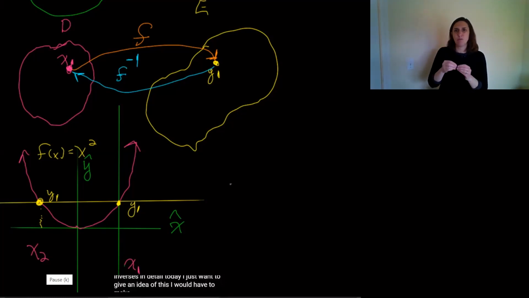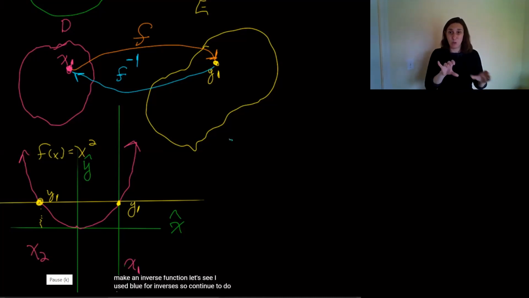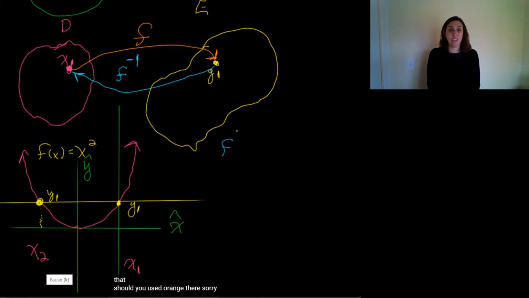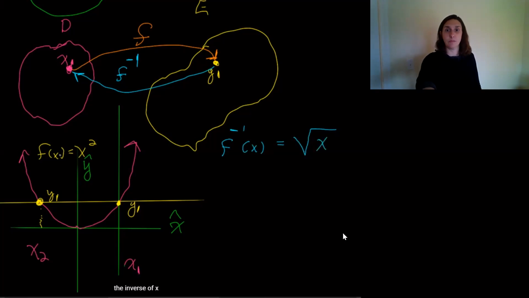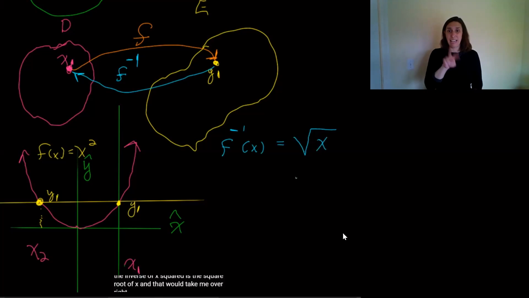I would have to make an inverse function. Let's see, I used blue for inverses, so I'll continue to do that. Should have used orange there. Sorry about that. The inverse of x squared is the square root of x, and that would take me over, right?